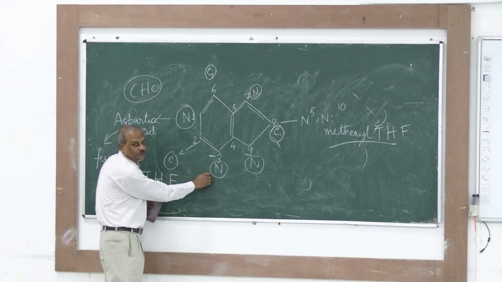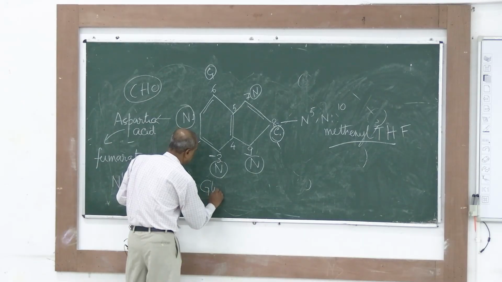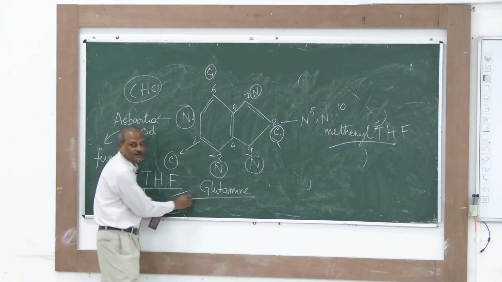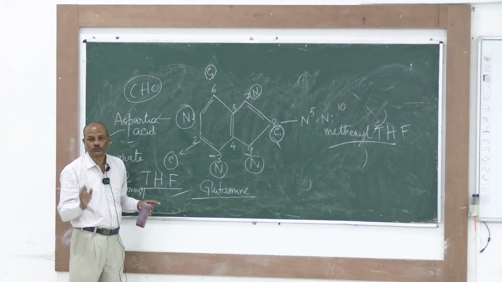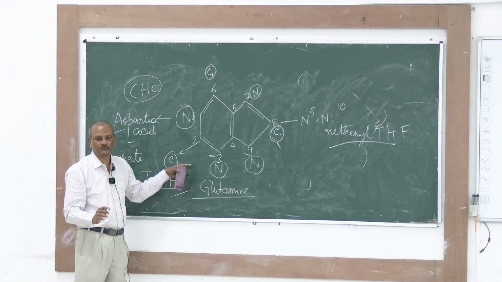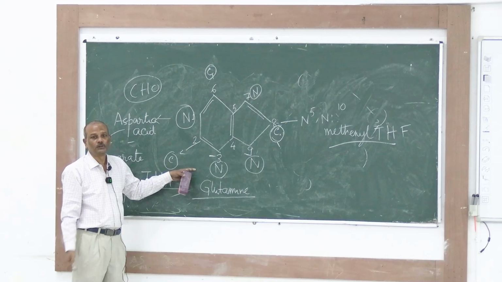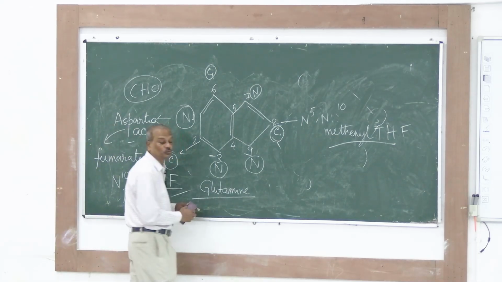Now the third position contribution is from glutamine. Glutamine is a basic amino acid having an extra amide group. So that extra amide group is given here, and in that process it gets converted into glutamic acid.